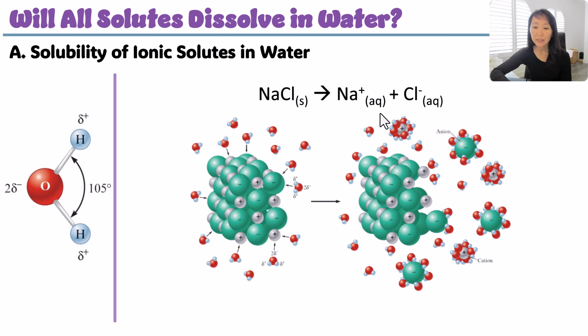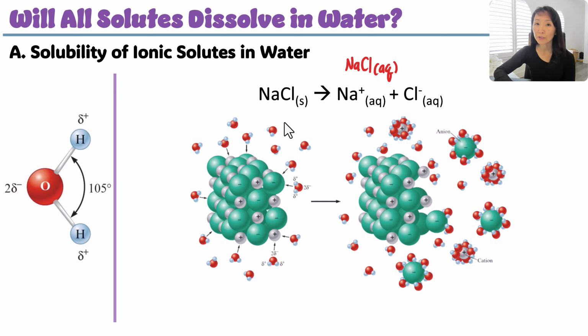So that aqueous helps us to know that this is something that is dissolved in water. Some textbooks will write this as sodium chloride and then put aqueous instead of putting it in a split format.